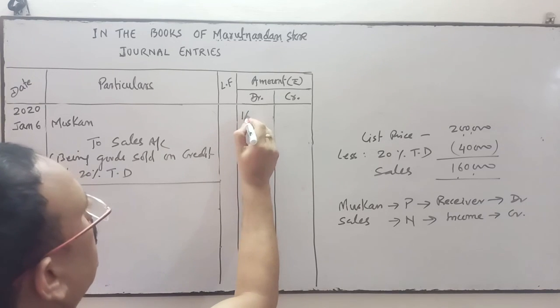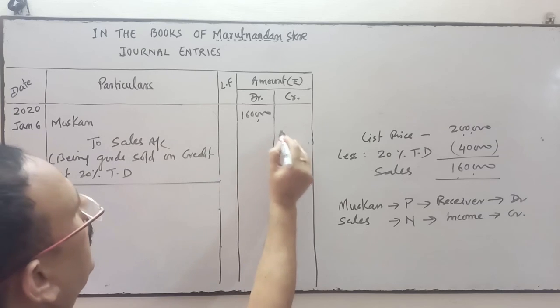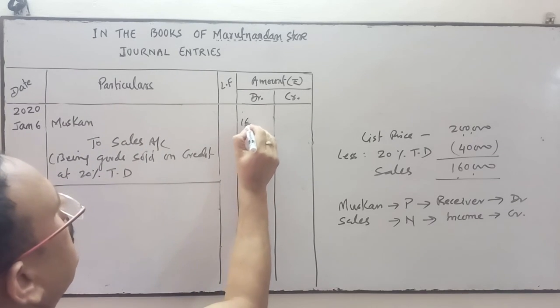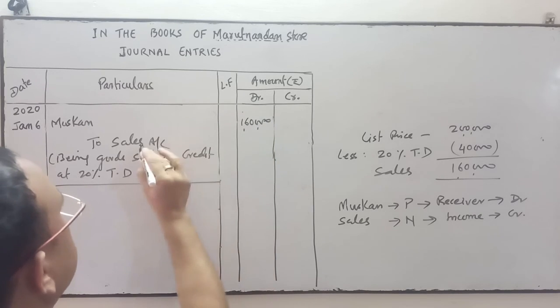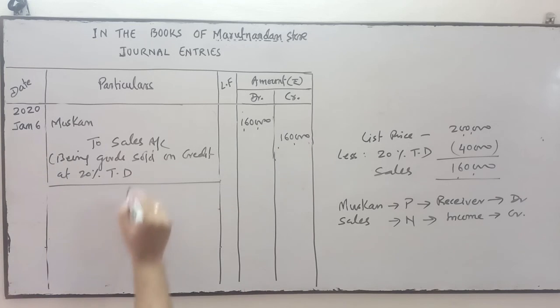We'll write the 1,60,000 in debit in front of Muskan, and in front of sales, credit side 1,60,000. So this is the entry. Is it clear? This is the entry.